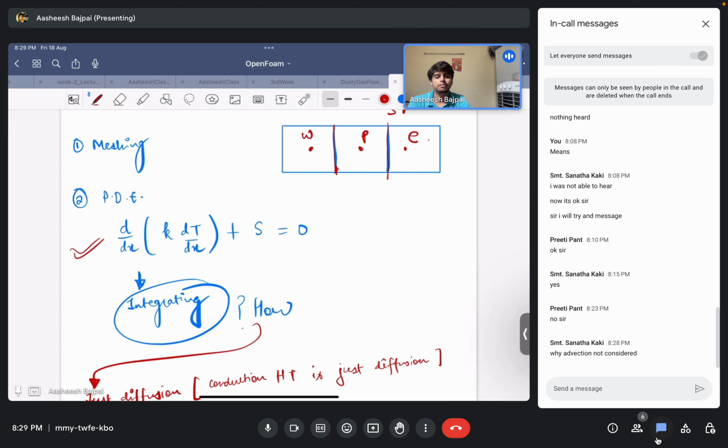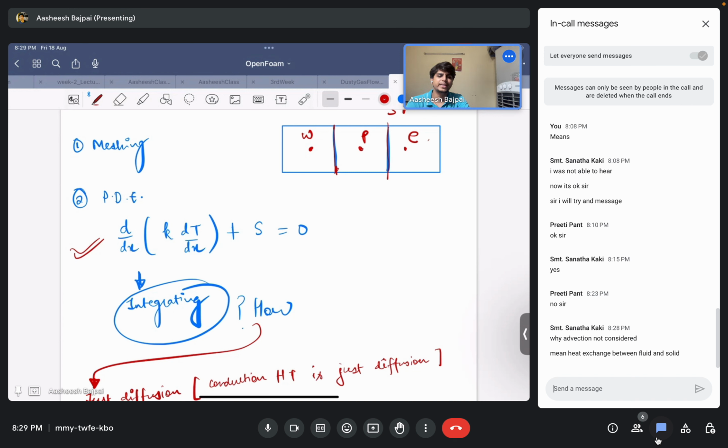That's why there is no advection. Advection comes only when something moves and takes something away. So in a pure conduction problem, there is no movement of any fluid.